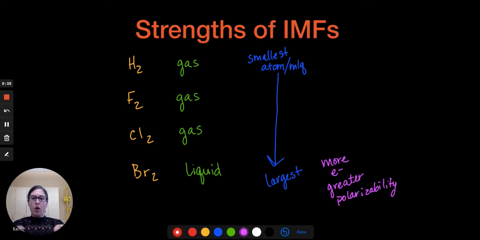And once you have all of these interactions going on with this greater polarizability, those molecules are going to start to interact with one another more, and that's why we see this in the liquid form. Okay, liquids have greater intermolecular forces because the molecules are closer to each other, they're interacting more with one another, versus gas particles that are very far apart from one another. And so that's one of the things that supports this overall trend.